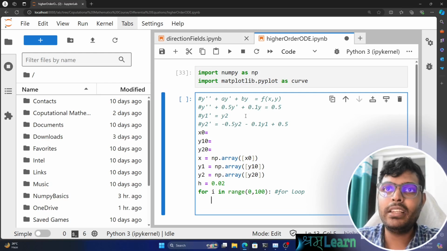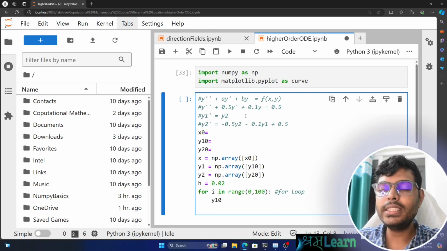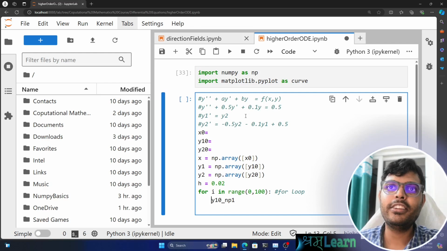Runs 100 times. So what do we want to do for all the 100 times? Can we compute y10? Okay, y10, what is this? y10 underscore np1, what I have written.